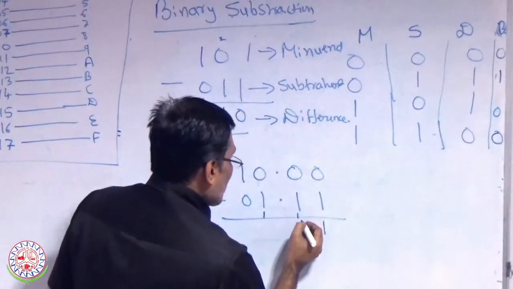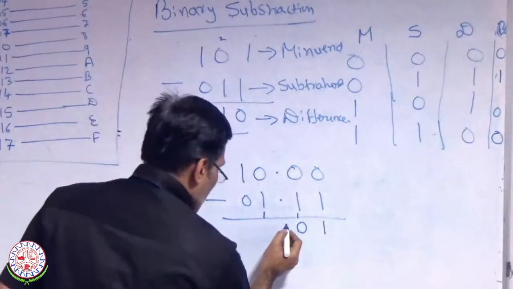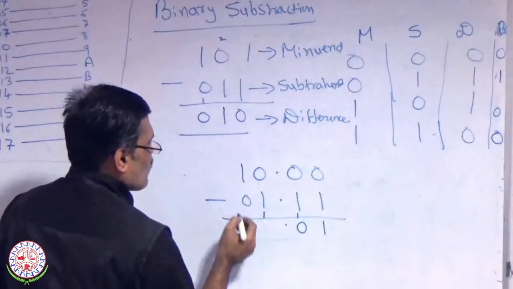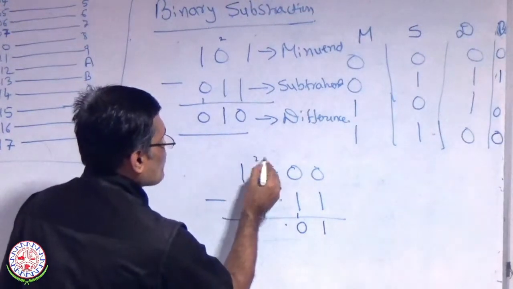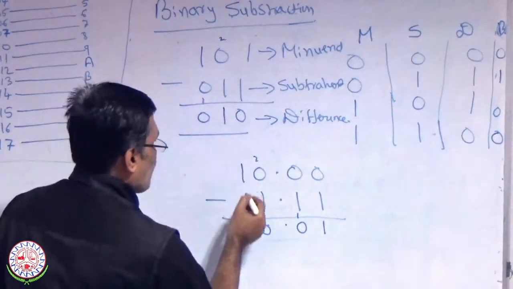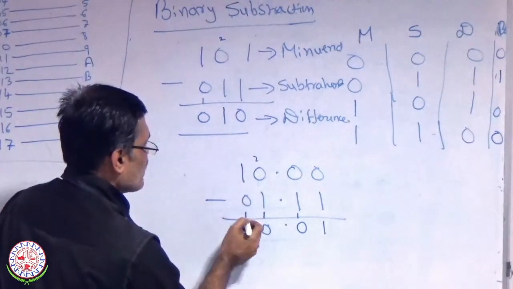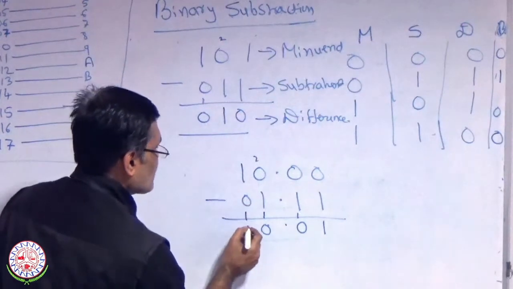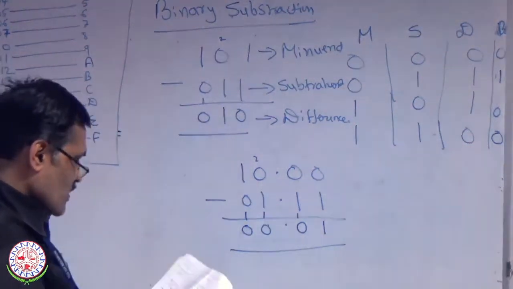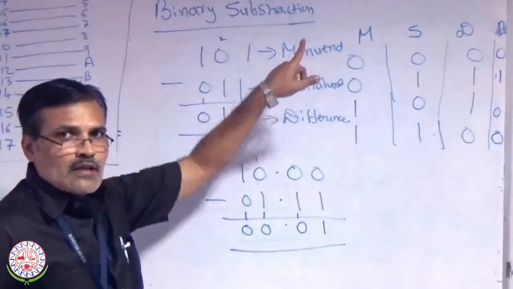So 1 minus 1 becomes 0, but with borrow 1 in this case. Now 0 minus 1 again, you need to borrow, so it becomes 2. So 2 minus 2 in this case is 0. Then 1 minus 0 is 1 only, difference is 1. Then again the borrow is there, 1 minus 1 is 0. So the answer is 0.01. So this is binary subtraction.